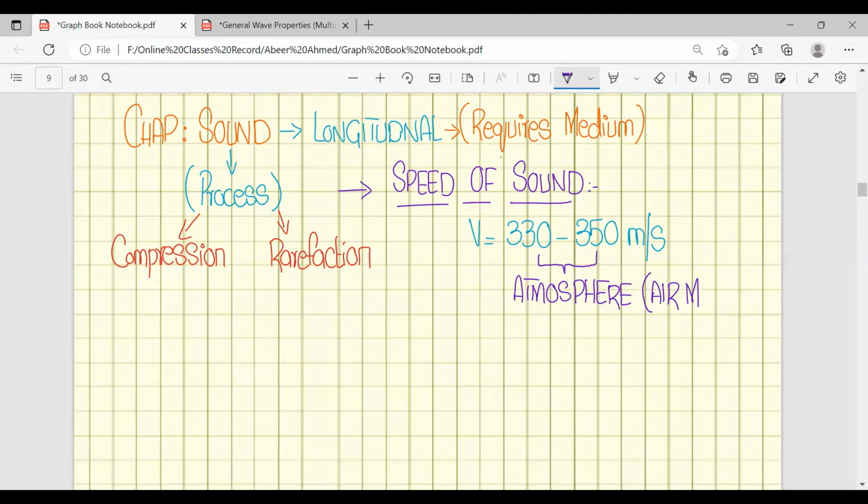Or you can say that there is only air medium around us, and there is also a change in the speed of sound. So why does this change happen in the speed of sound?